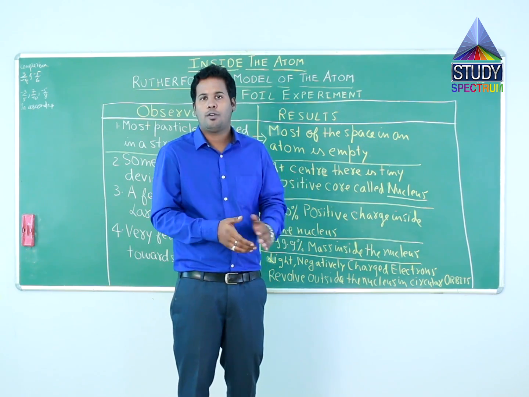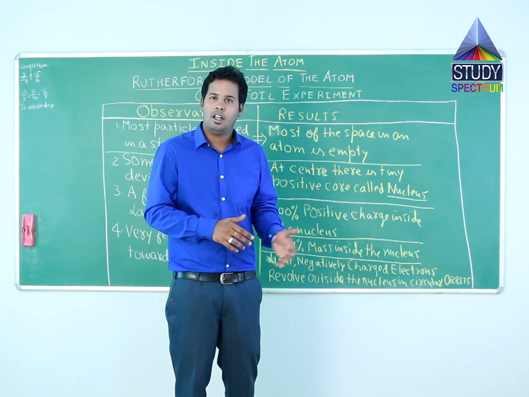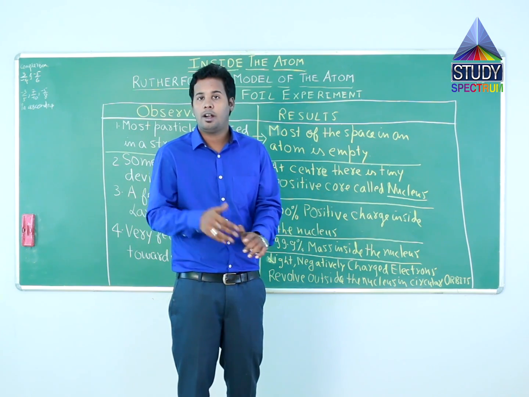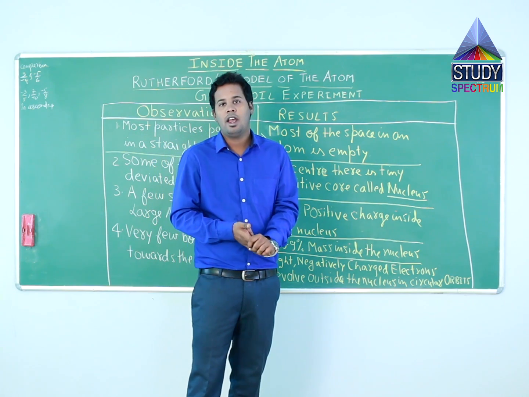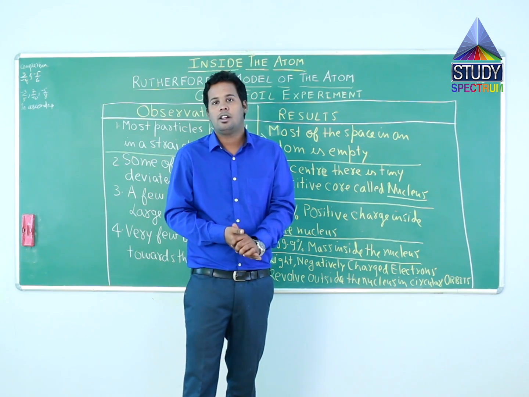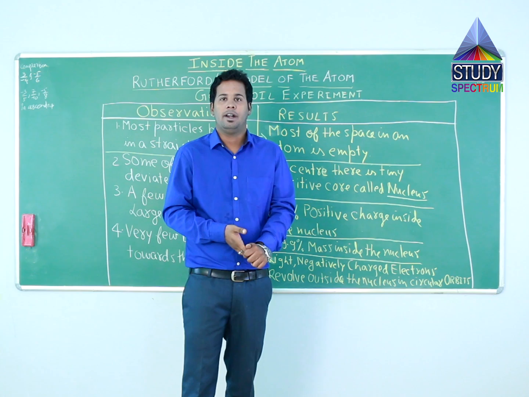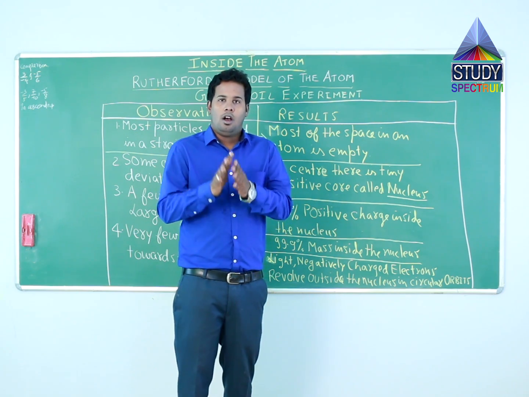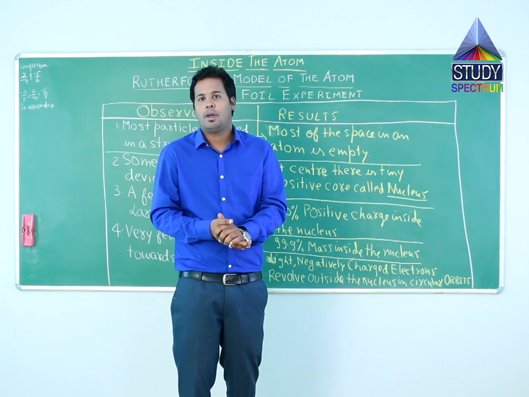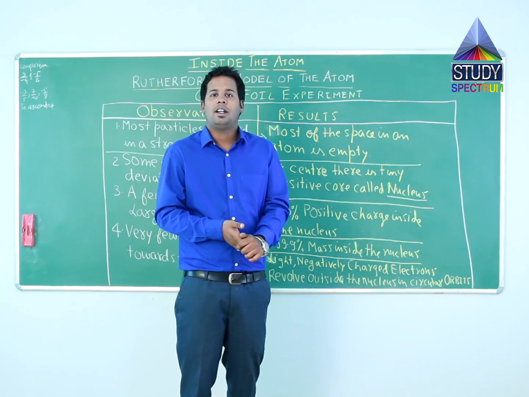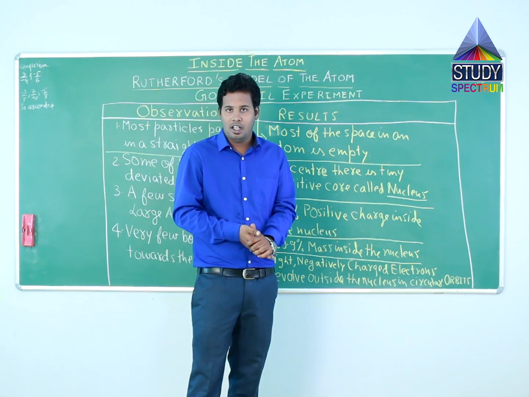What was the purpose of coating zinc sulfide on the screen, why he used gold foil only and not any other metal foil, why he used lead bricks, and why there was an alpha particle source from a radioactive element. Now we have also talked about the observations of this particular experiment. Most of the particles hit at the center of the screen.